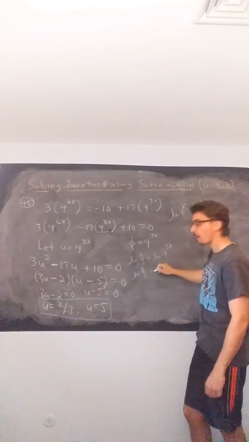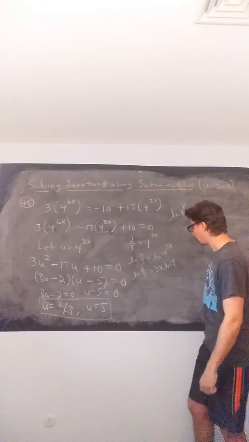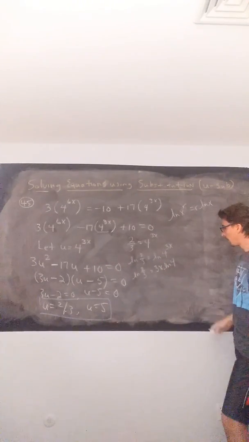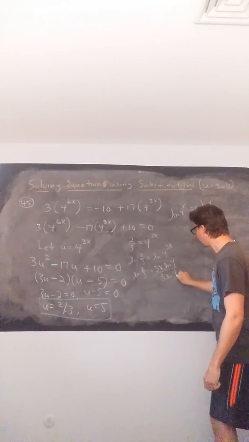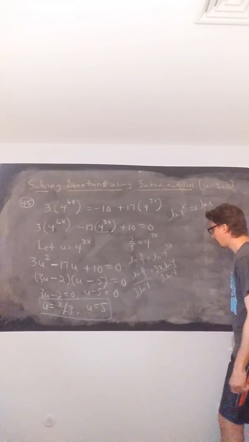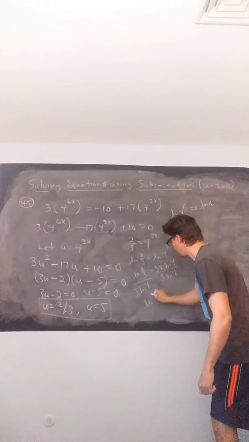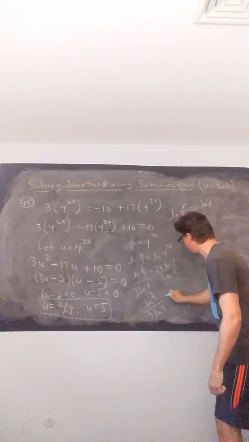So essentially the power just plops right down in front. So that's 3x times the ln of 4. What we're going to do here is divide both sides by 3 ln 4, because remember, those things are just numbers. So ln of 2/3 over 3 ln 4 is x.